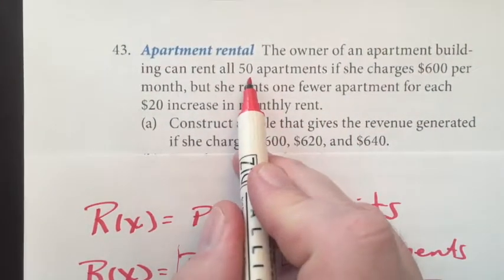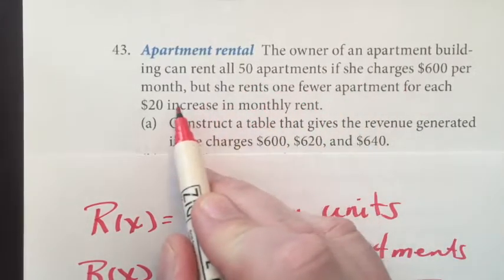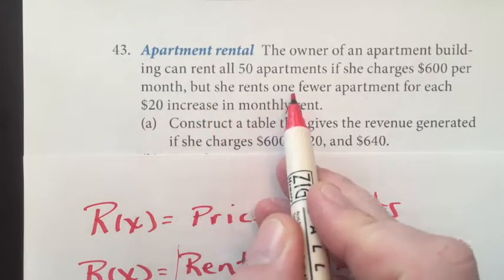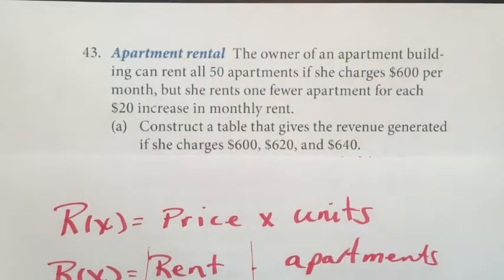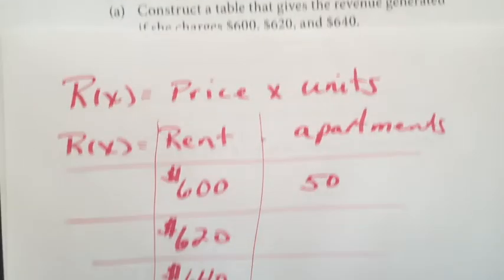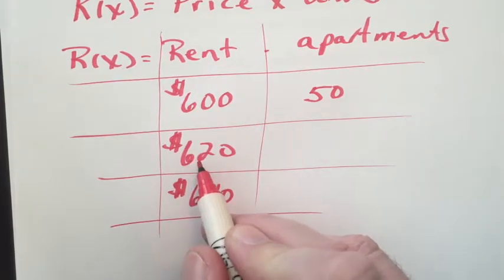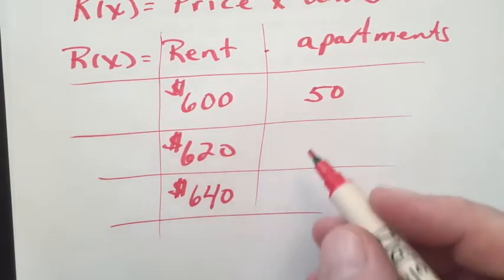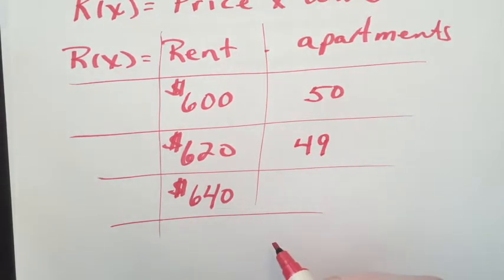Now this is an important thing. We start with 50 apartments, but it also says for every $20 increase in monthly rent, we're going to rent one less apartment. So if we're going to start with 50 apartments, the next place, if we rent our apartments at $620, we rent one less, which would be 49 apartments.